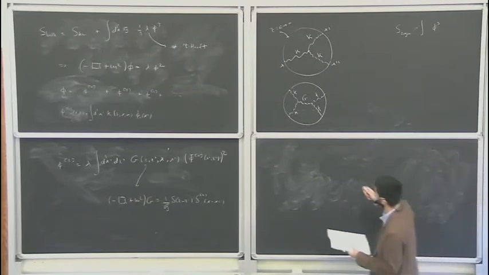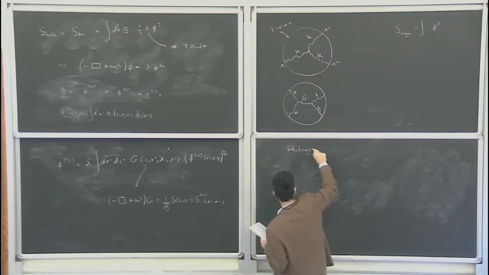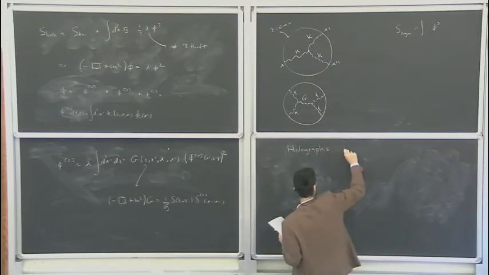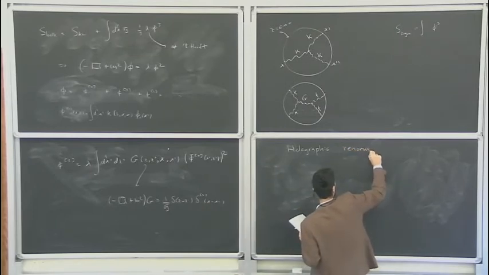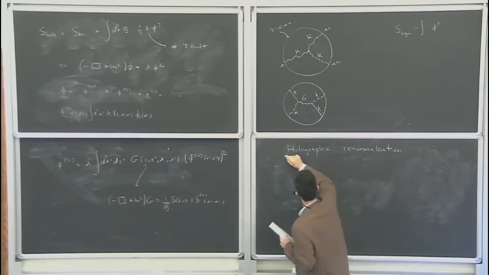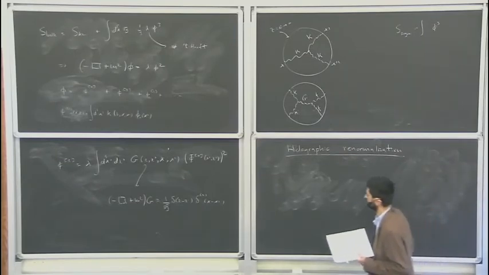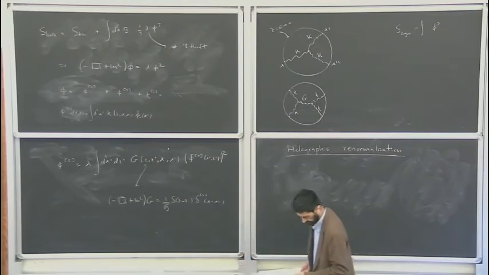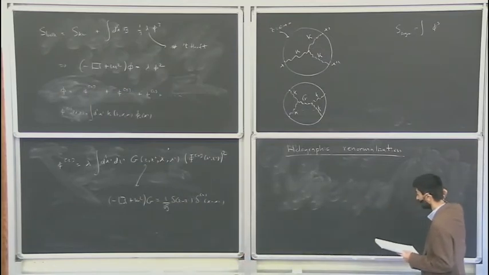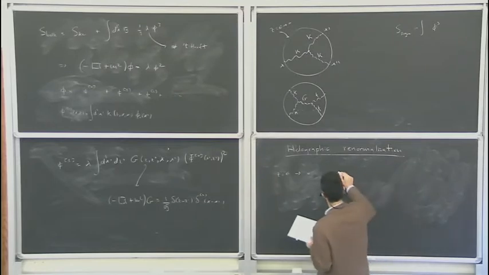Okay. So, holographic normalization. When we looked at the computation of the two-point function, which we did in Fourier space, we saw that when z goes to 0, there are divergences.